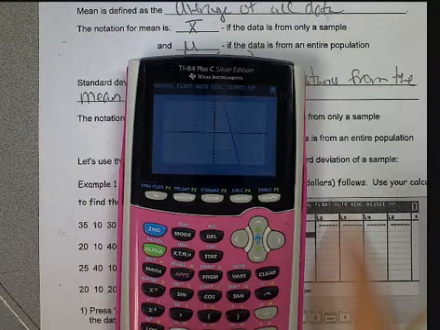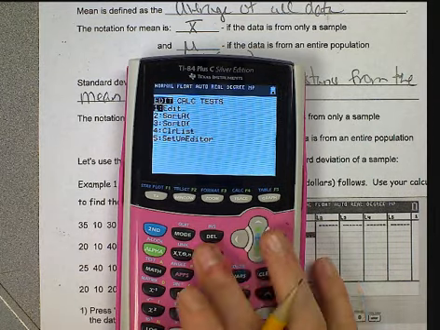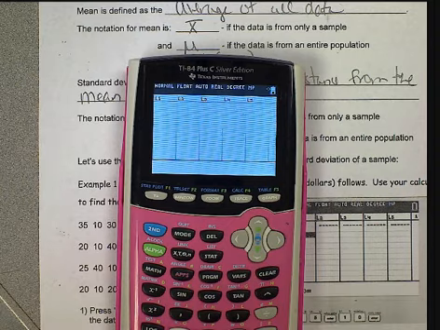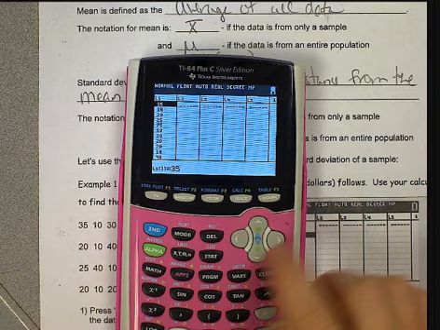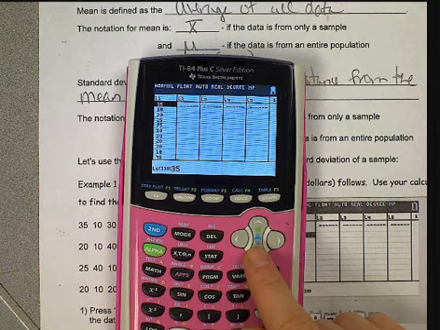So I'm just going to follow the instructions like you have it. If you want to input this data in your calculator, go to Stat and Edit. I have already input all of the data into L1. You might want to pause the video and input it into L1 so you can follow along.